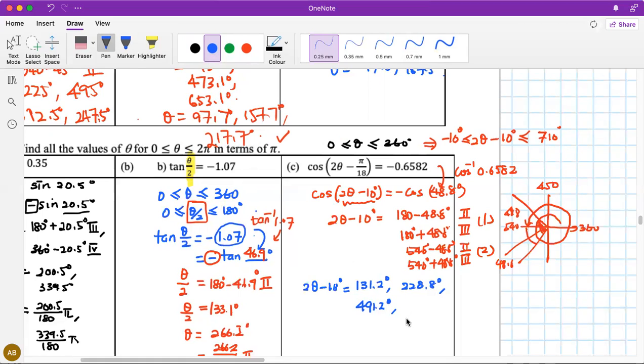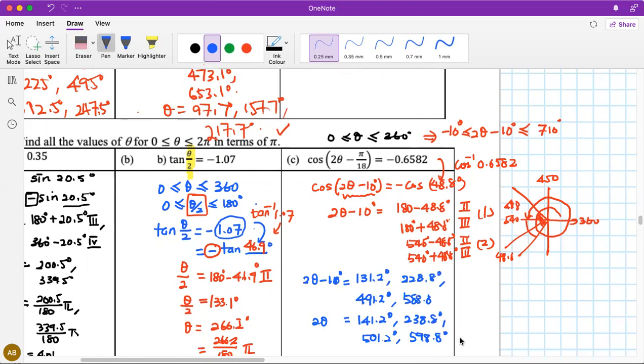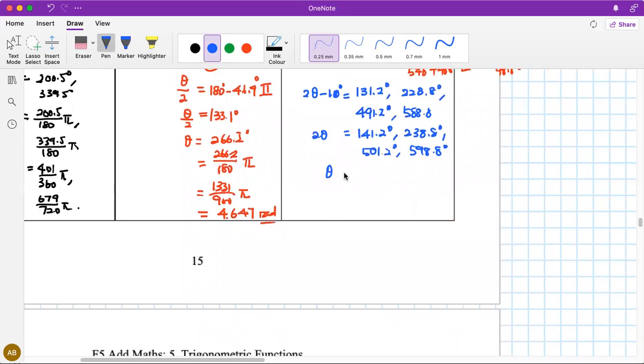Lastly, 540 plus 48.8 gives 588.8. Then 2 theta equals these values, and the minus 10 moves over and becomes plus 10. So it becomes 141.2 degrees, 238.8 degrees, 501.2 degrees, and 598.8 degrees.